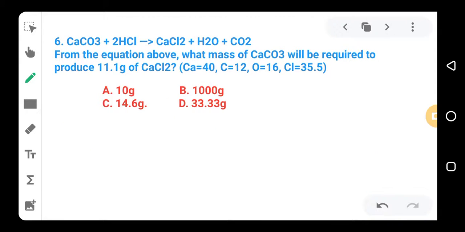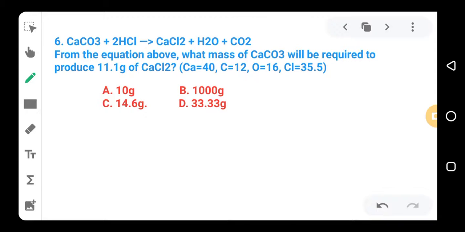Then question number 6. CaCO3 plus 2HCl is equal to CaCl2 plus H2O plus CO2.